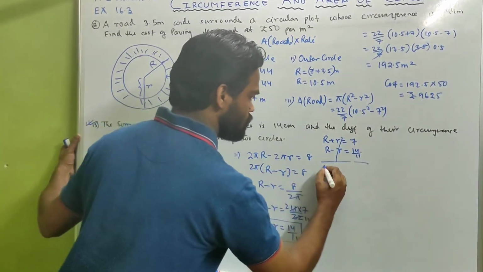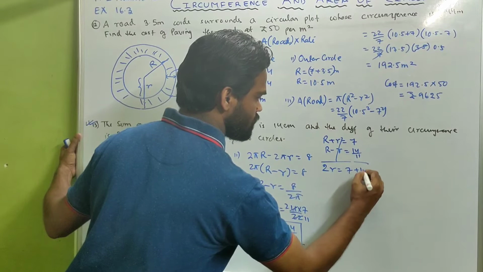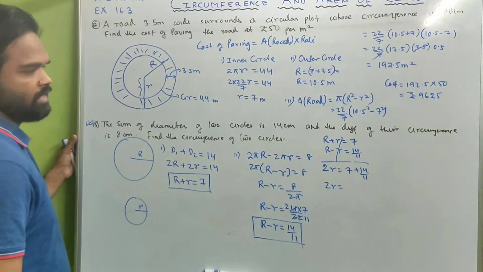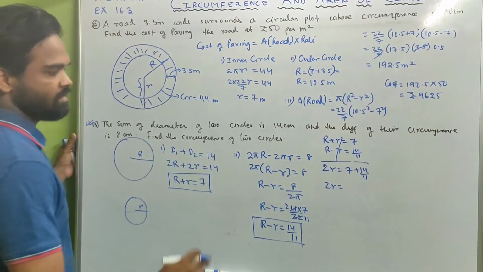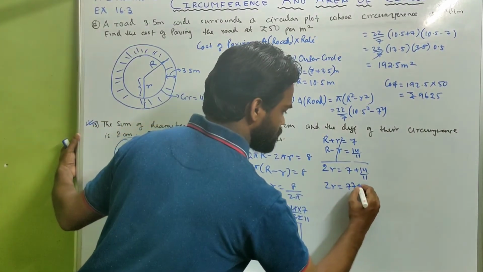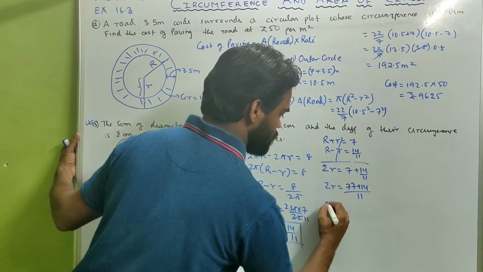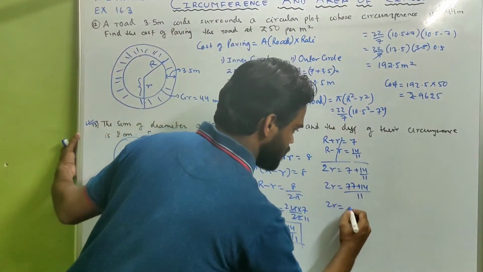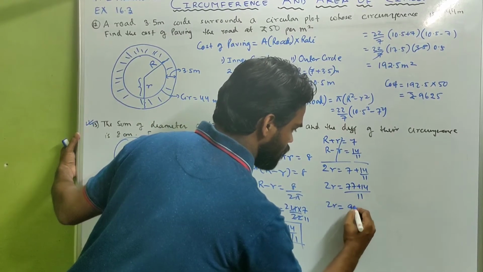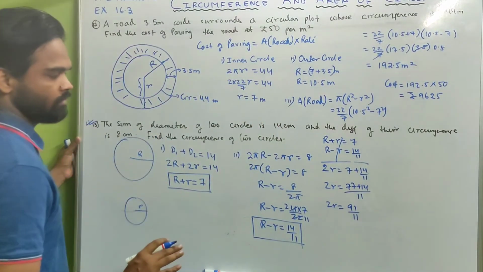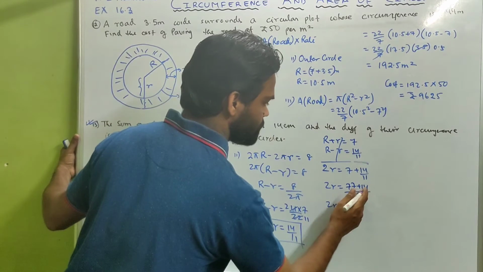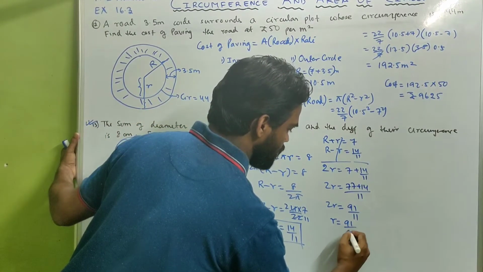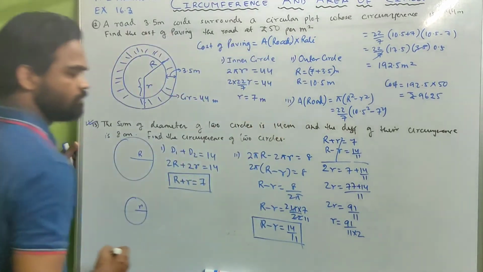So you get 2R equals 7 plus 14 by 11, which is 2R equals 11 into 7 is 77 plus 14 by 11. So 2R is how much? This is 91 by 11. Am I clear? Yeah. So R is 91 by 11 into 2.